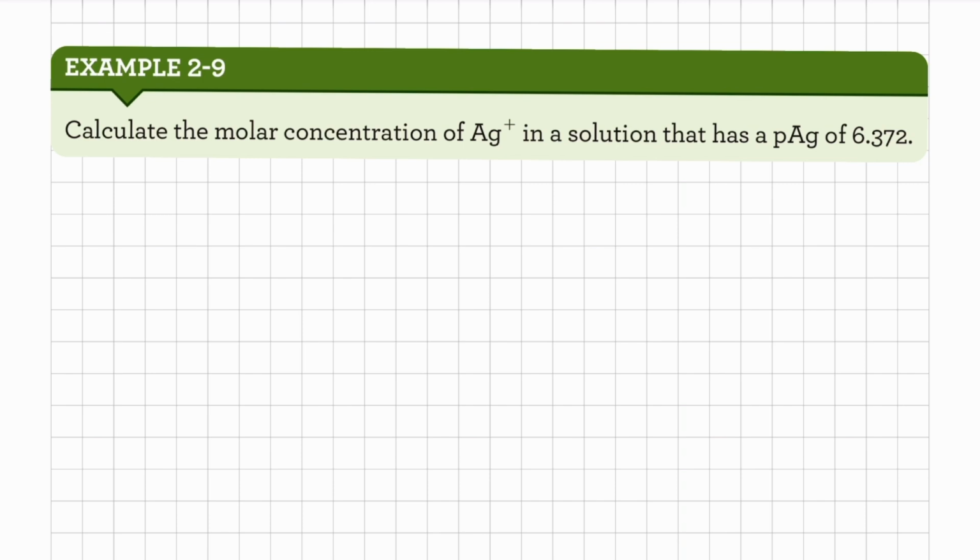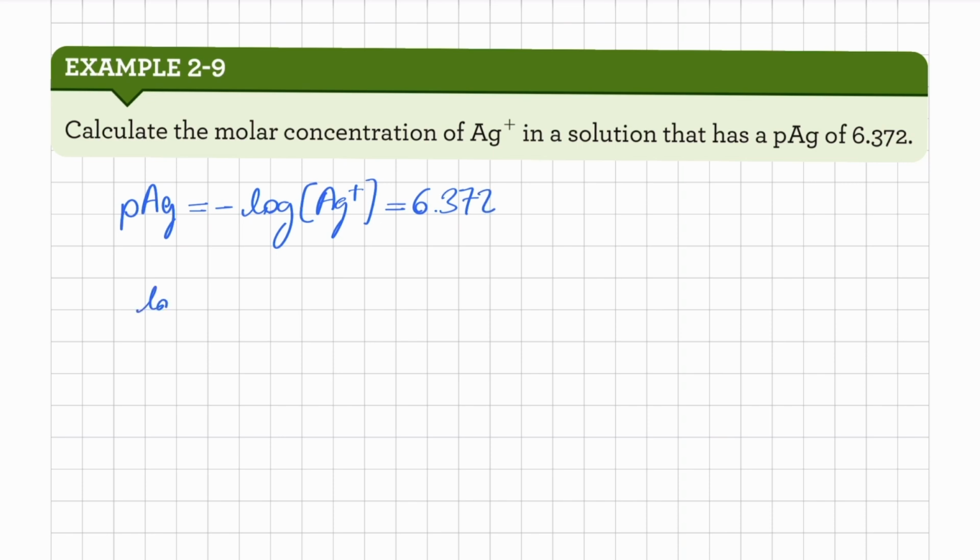That would be really easy, as the formula says pAg equals minus logarithm of the concentration of silver ion, which is 6.372.